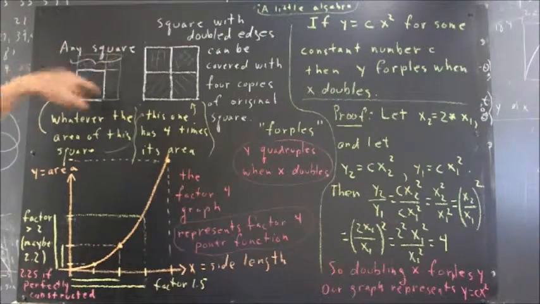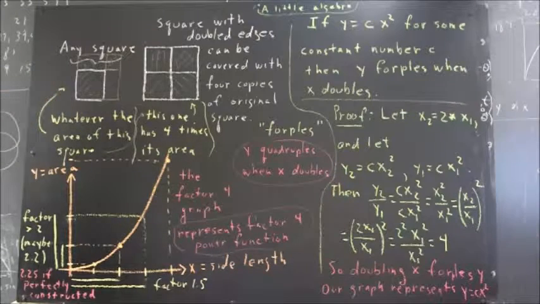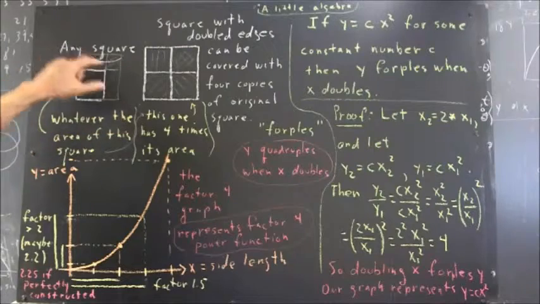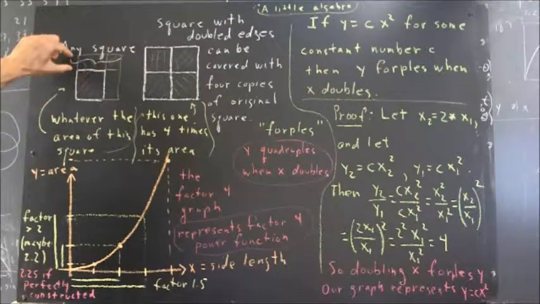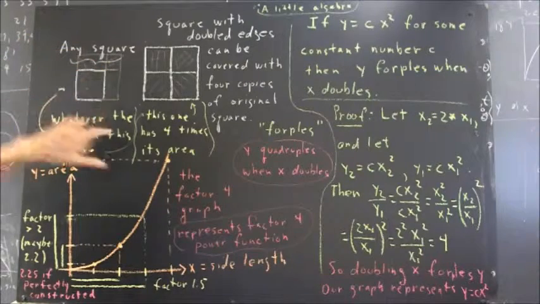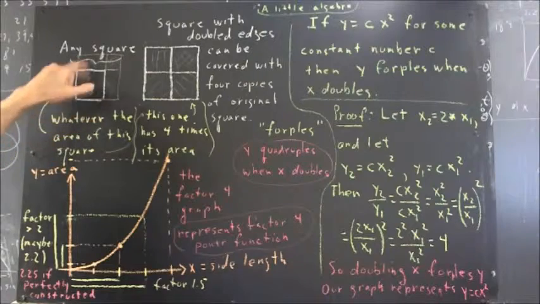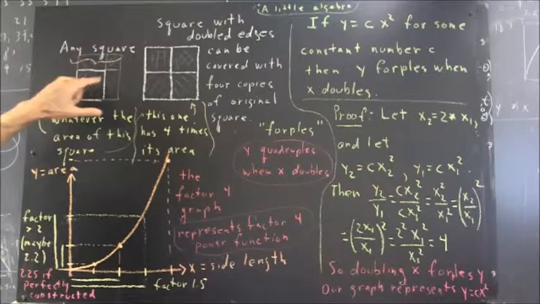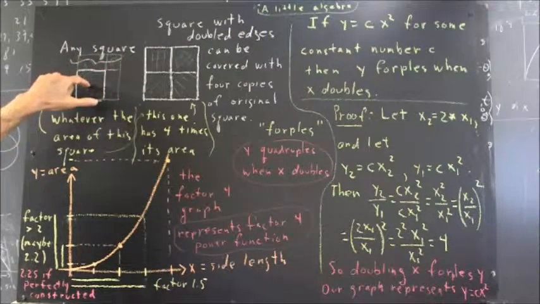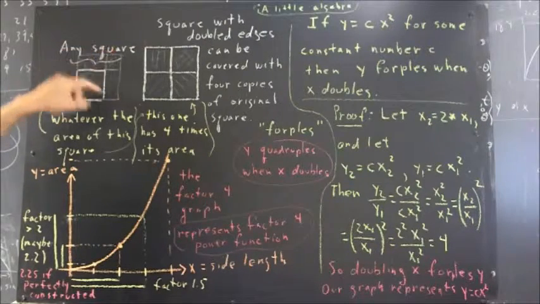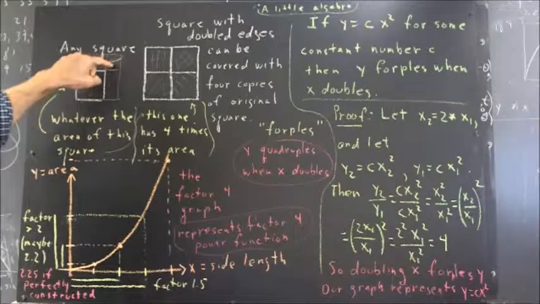Well, construction here makes it clear that the area of the larger square will be 2 1/4 times the area of the smaller. This rectangle and this rectangle are equal in area, each with a width that's half as great as the length of the original, so we can put these two together to make up the area of the original square. And then this one is half of this, which is 1/4 of this.